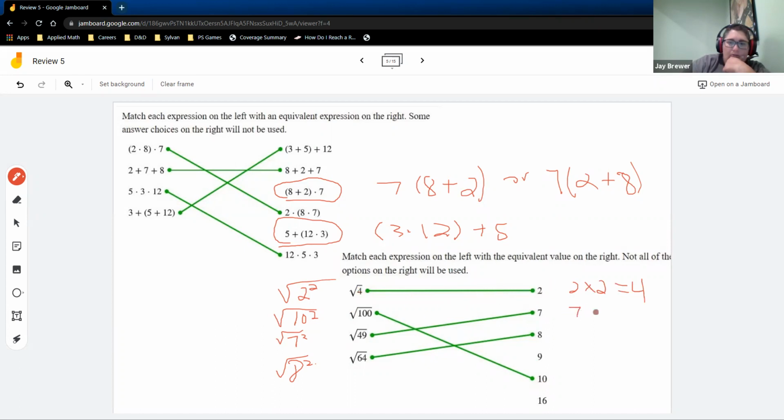And then you could do 7 times 7. Well, then I get 49. Okay, so are we seeing the pattern here, how we should work these? If you can't figure it out on this side, then come over here and figure it out on this side. So 8 times 8 equals 64.